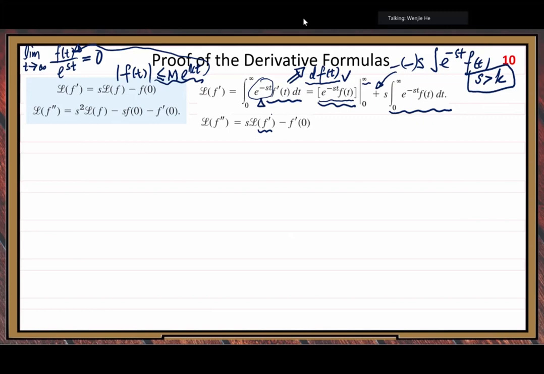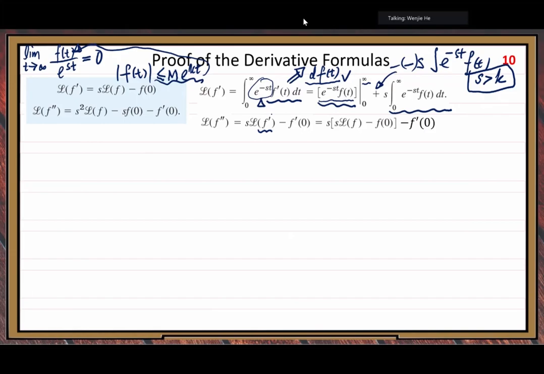That's the first step. Second step, we replace the Laplace transform of f prime on the right hand side by the first formula another time. Inside these brackets, we apply that formula another time.